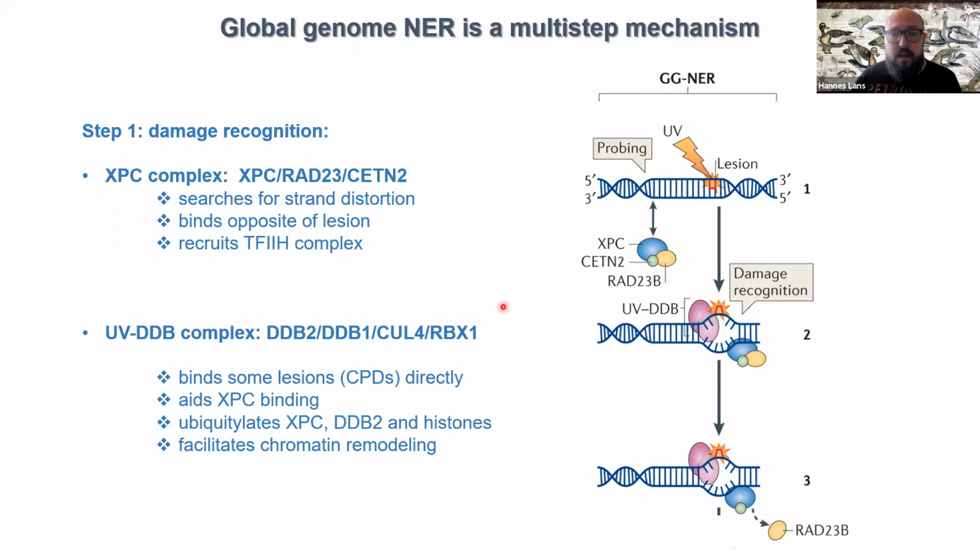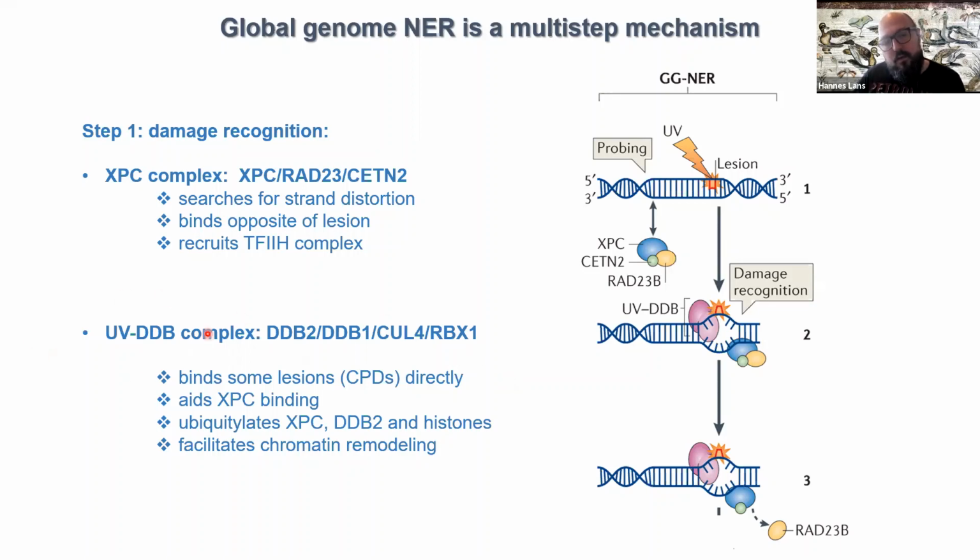And with this E3 ligase complex, it then also ubiquitinates probably many target proteins, although we don't know which exact targets are there. But for instance, it ubiquitinates itself, and with this, it regulates its own function. And also it ubiquitinates XPC, and by doing that, it likely regulates also the affinity that XPC has for DNA damage.